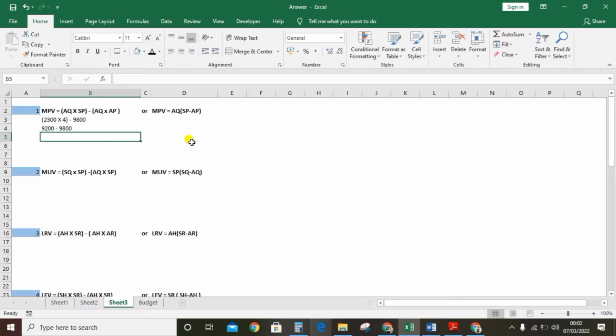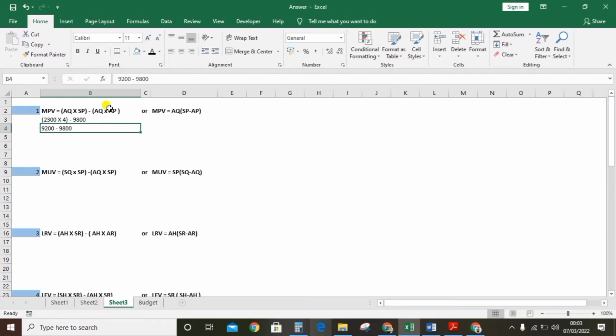So how can I identify favorable or adverse? If the budgeted amount is less than the actual amount, it is adverse. If the budgeted amount is more than the actual amount, it is favorable. Here 9,200 is the budgeted amount because we compare the price, SP and AP.